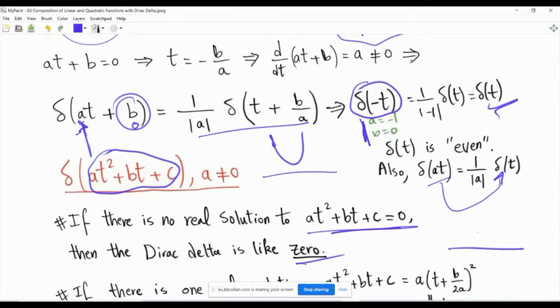You need definitions, right? If you have a delta of a complex argument, what does it mean? You need to define it. You need to come up with a mathematical definition of what it means to have a complex number inside the Dirac delta. Yes, if we cannot make this thing zero with real numbers, we could use complex numbers, and it actually has two complex roots.